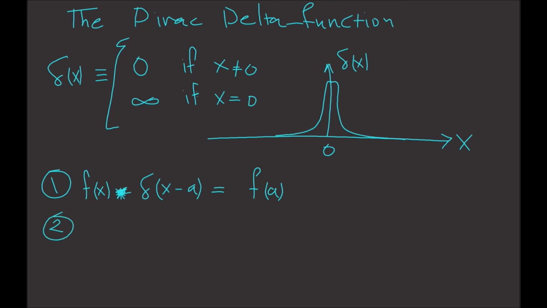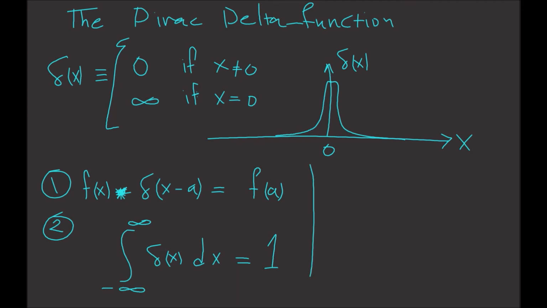Two, if you integrate this delta function from negative infinity to infinity, delta of x dx, this must equal 1, right?